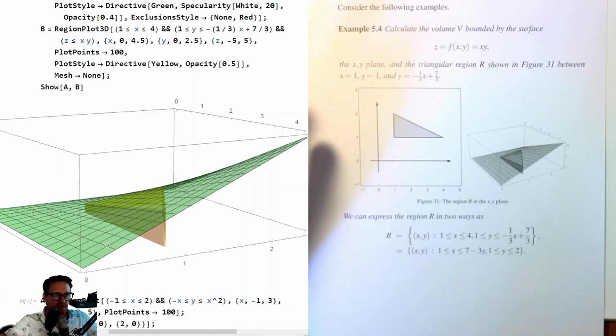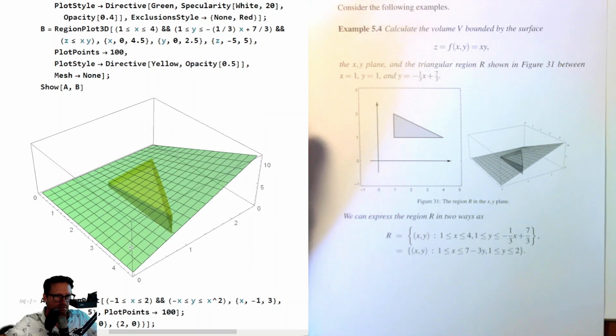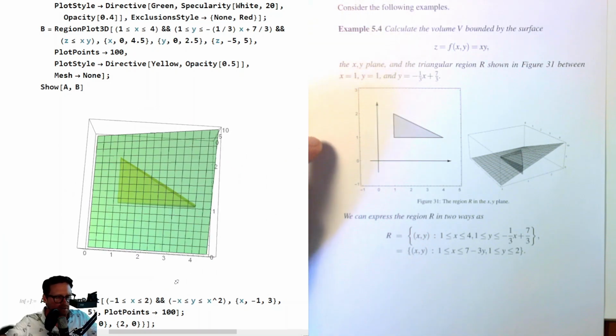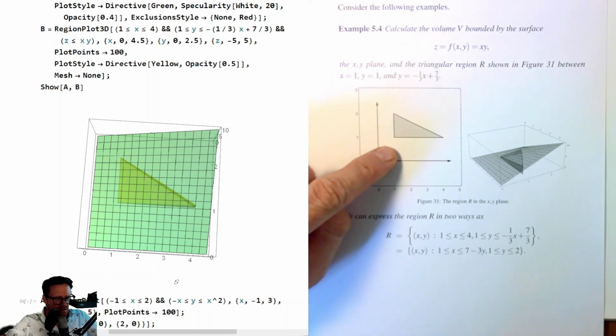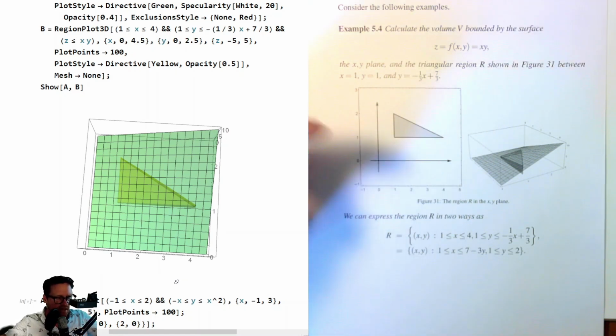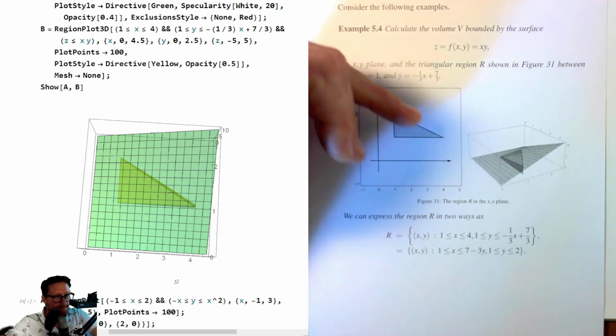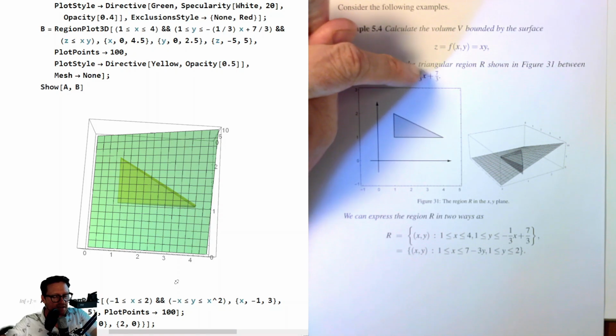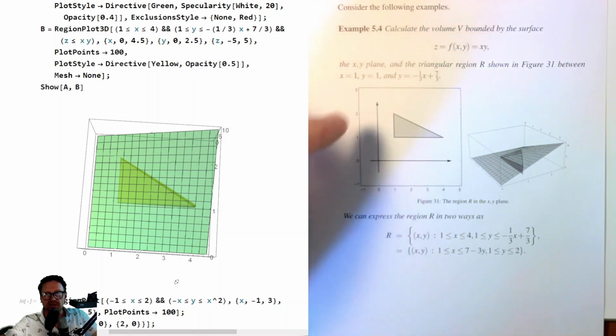So we've got this triangular region. x goes from 1 to 4, and y goes from 1 to this line, y equals minus x over 3 plus 7 over 3.